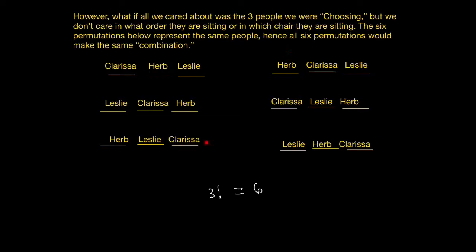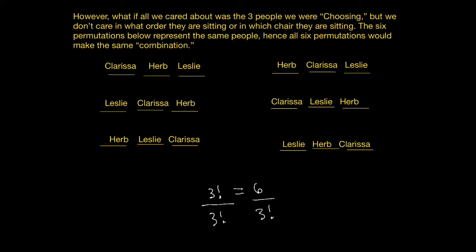But now remember that here we calculated the number of permutations, and each permutation is saying that this possibility is different from this one, and so on and so on. So to eliminate all of these repeats or repetitions, what we have to do here is divide by 3 factorial as well.